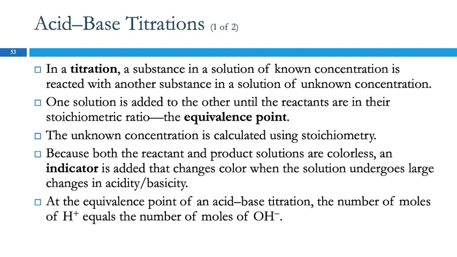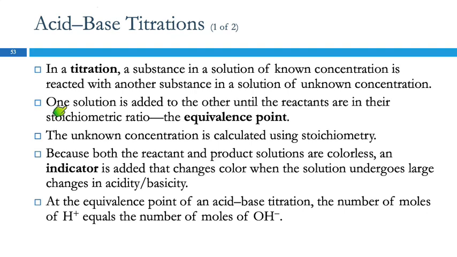Okay, you've probably heard of an acid-base titration. So titration is a technique. It's not always done with acids and bases, but it often is. What we're doing here is taking a substance in a solution where we know the concentration, and we're going to react it with another substance where we don't know the concentration, the goal being to find the unknown concentration.